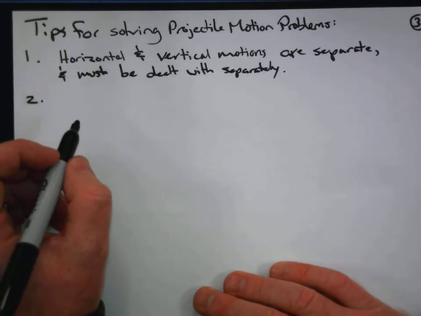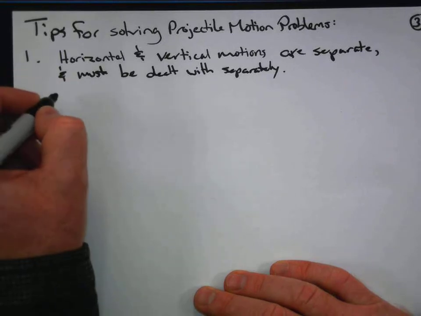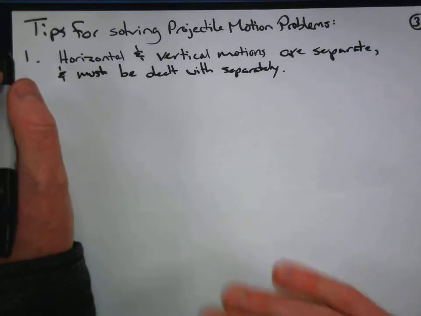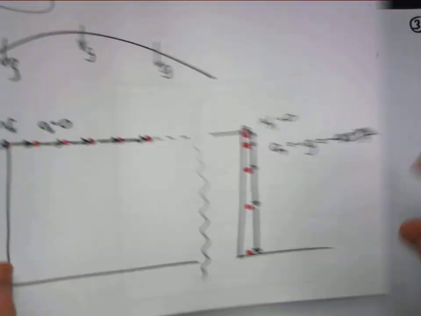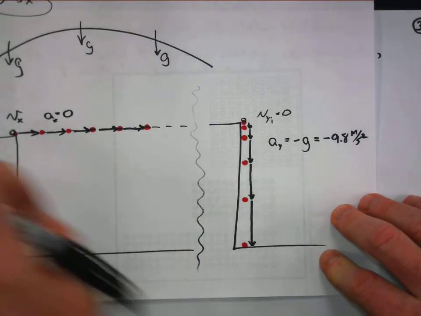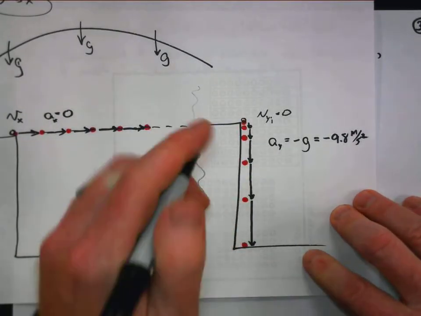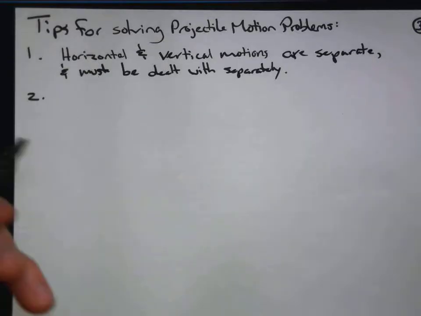The next tip: the vertical motion is really identical to dropping something. Remember, we looked at this. So it really is identical to dropping something, or to throwing it straight up, or even throwing it straight down.